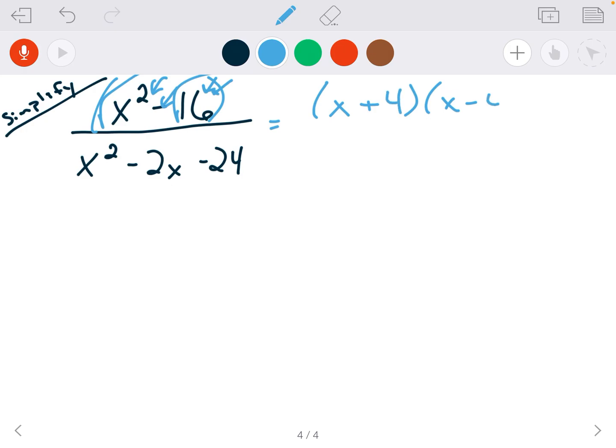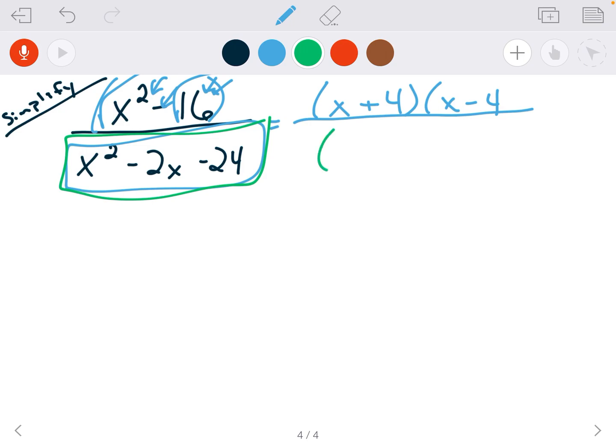So that gives me my x, and then the 16 is plus 4 minus 4. Then the bottom, I'm going to go ahead and factor as well. Let me make that in green. Notice that this sign tells me if it's going to be positive or negative. So I'm going to have x plus something and x minus something because they are opposite signs.